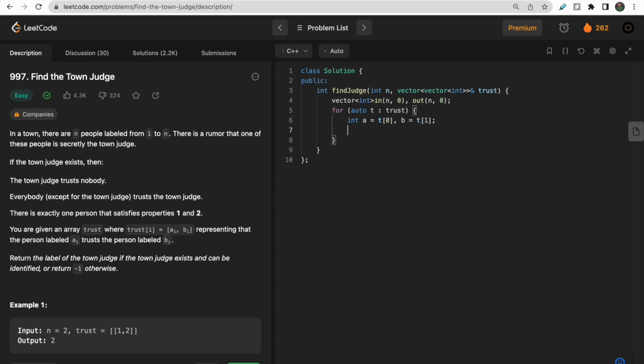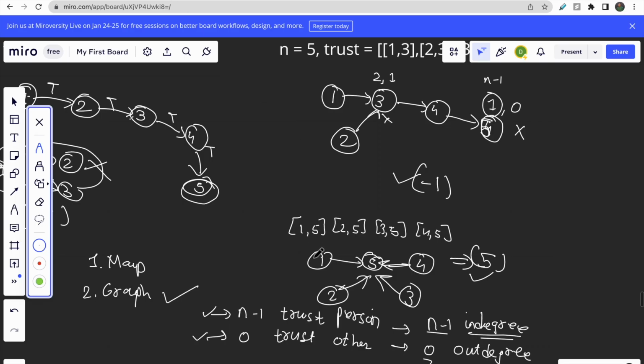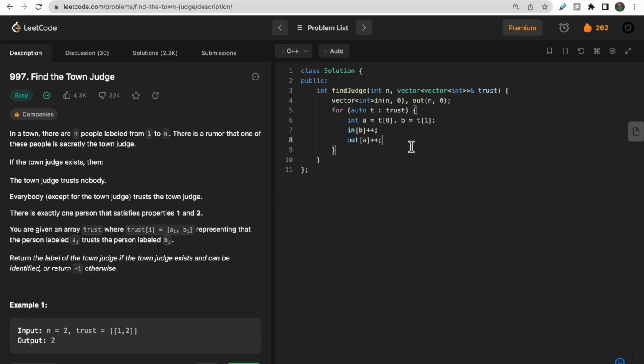That means a trusts b, thus in degree of b plus plus and out degree of a plus plus, because there is an edge from a to b. That is what we did here.